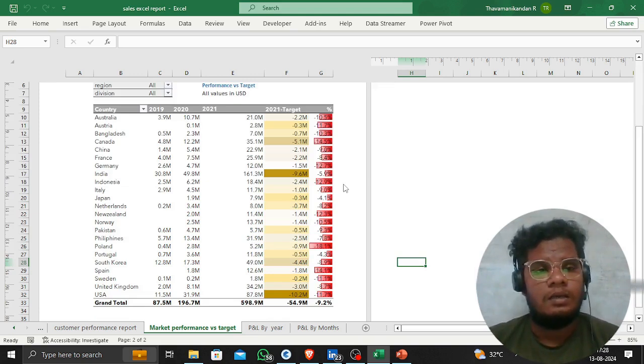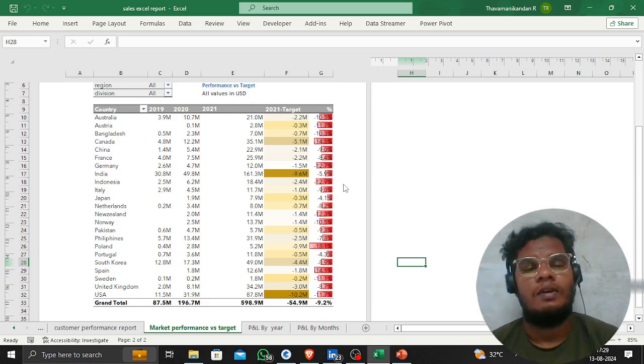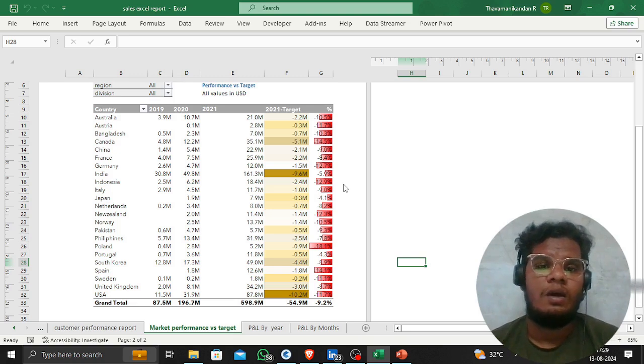The company or organization sets some targets for that particular country, maybe depending upon the previous sales or the economic rate and the people's population. And we have to analyze why we are not hitting the target.